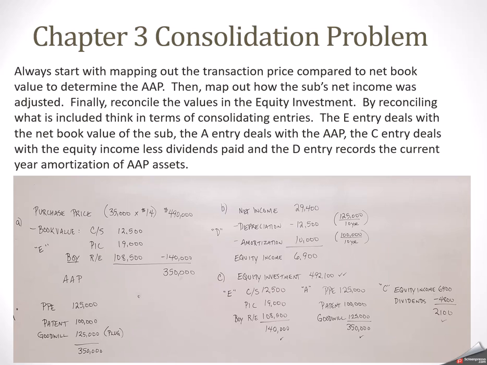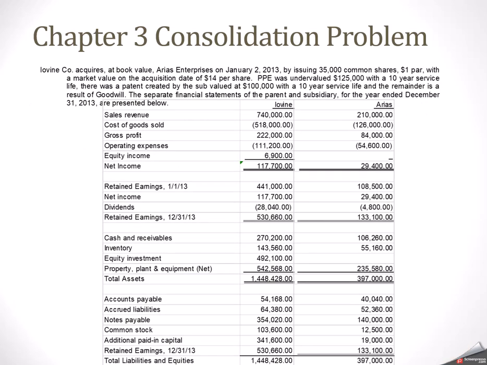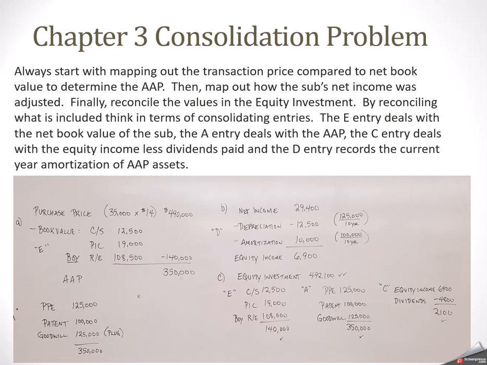Then they ask us to tie out to our equity investment. So the equity investment is $492,100 on the parent's books. We know that we've got our book value of the sub, the common stock, paid-in capital, beginning of the year retained earnings totals $140,000.